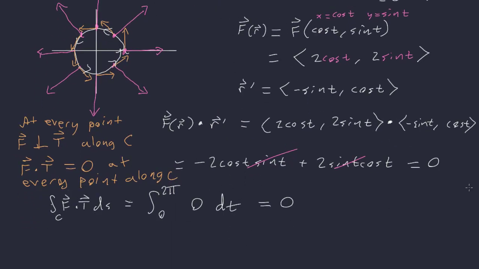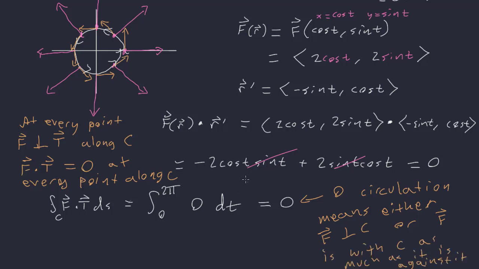This 0 circulation means either F is perpendicular to C or that it's a balancing act, that F is with C just as much as it is against it.